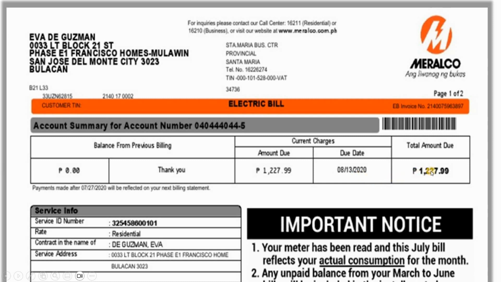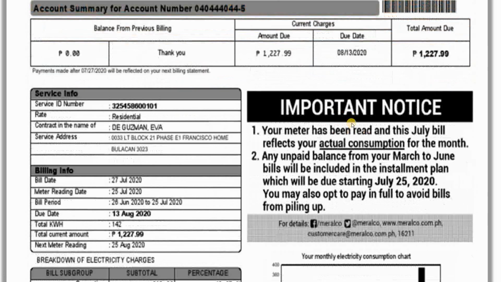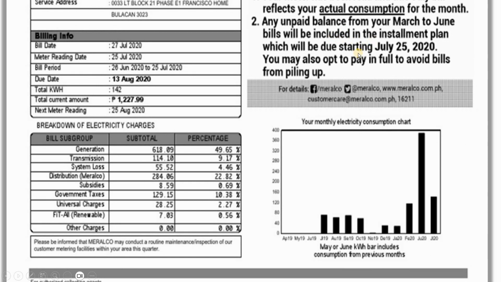And the total amount due is 1,227.99. As you can see here, there are details like service ID number, the rate, which is for residential, contract in the name of, and then service address. There is also an important notice, which you can read over there.